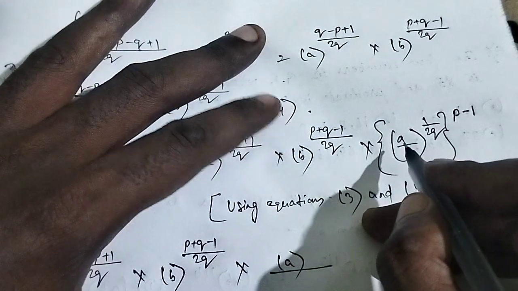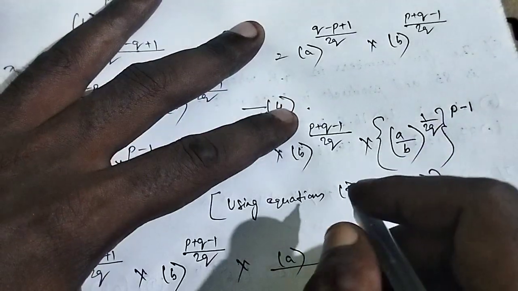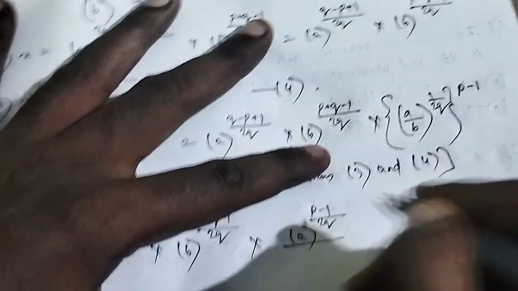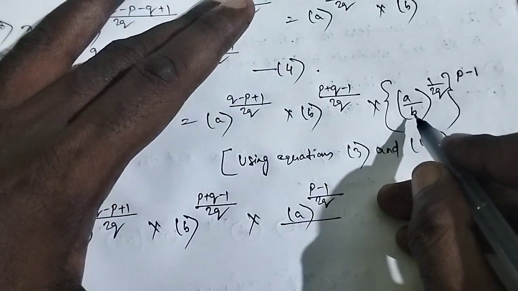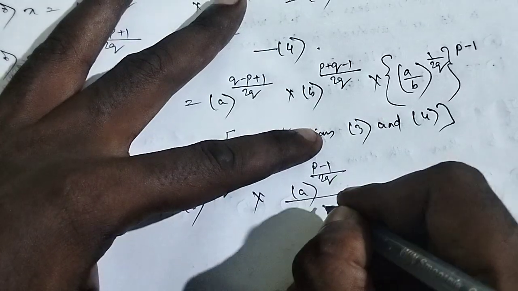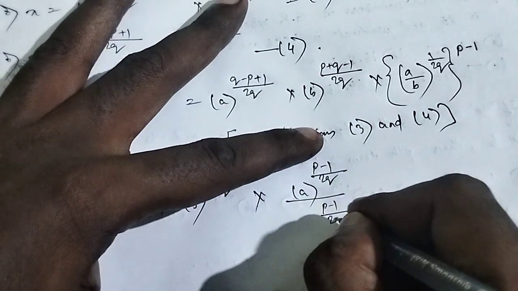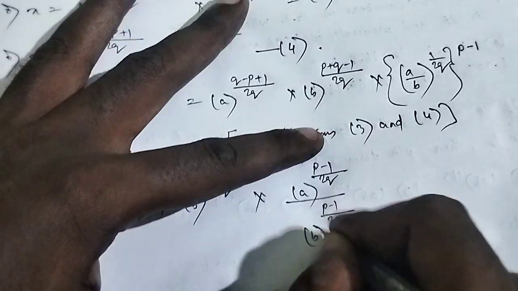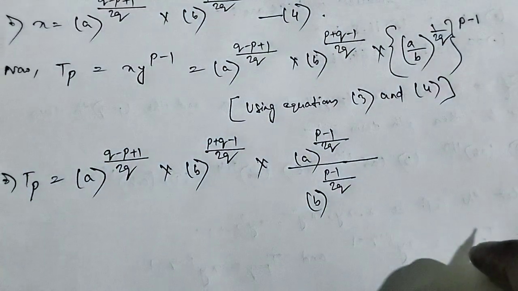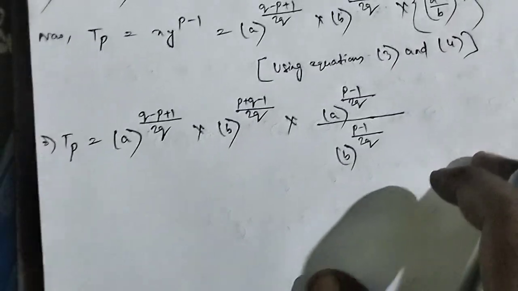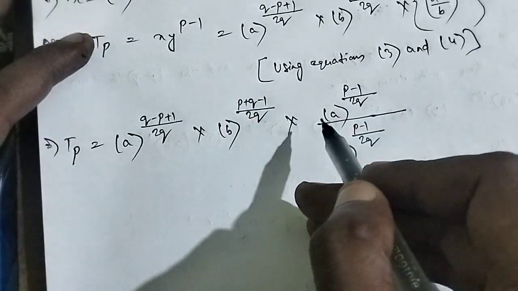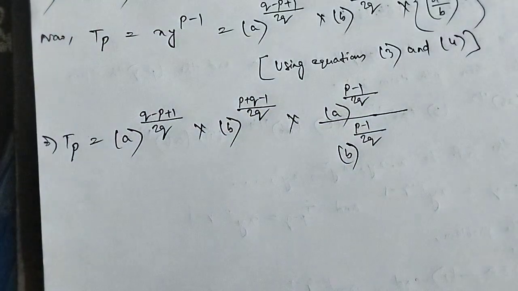A. The power of A would be p minus 1 by 2q, okay, 2q by p minus 1. The power of B would be also p minus 1 by 2q. Okay, clear? Okay, now in case of multiplication, base is same, power gets added.